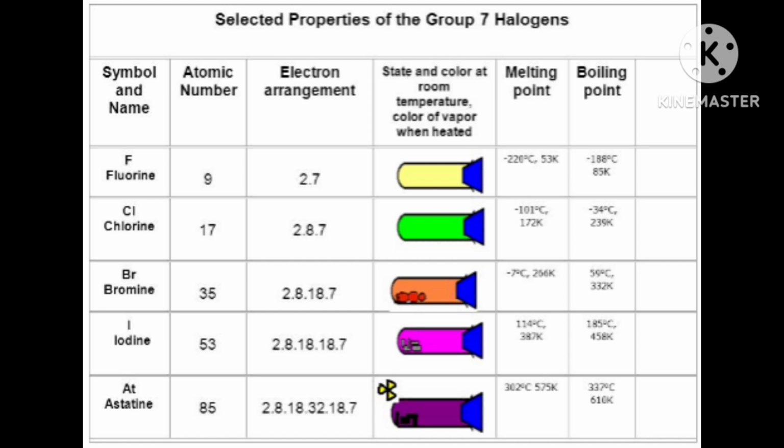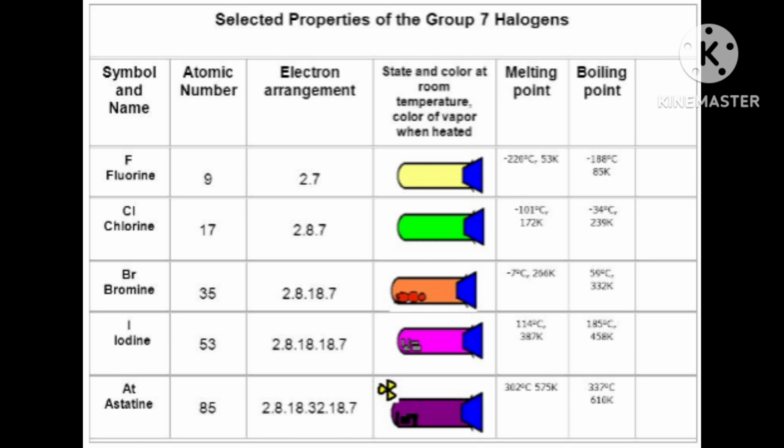This I have discussed about the physical properties, atomic and physical properties. Now a little more I will tell about the atomic and physical properties of halogens. Electronic configuration I already discussed.